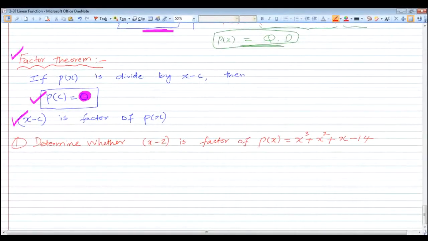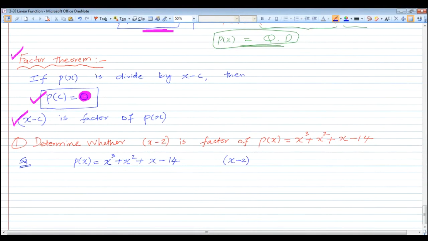Now how will you check this? Here I can go with the same rule, synthetic division, right? So what is the P of X? P of X is equal to x power 3 plus x square plus x minus 14. There is no missing term, and this is given x minus 2. Okay.